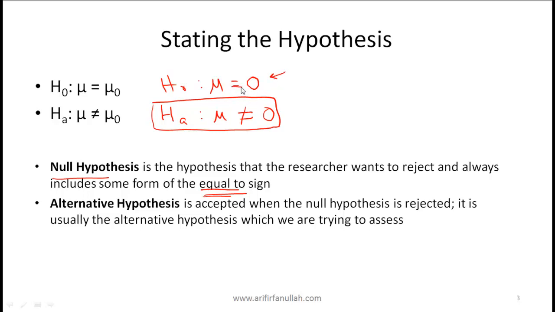Also, the equal to sign needs to be part of the null hypothesis. What if you believed that the mean is greater than 0? In that case, you would have to set up the null hypothesis such that mean is less than or equal to 0. So notice that the equal to sign must be part of the null hypothesis.